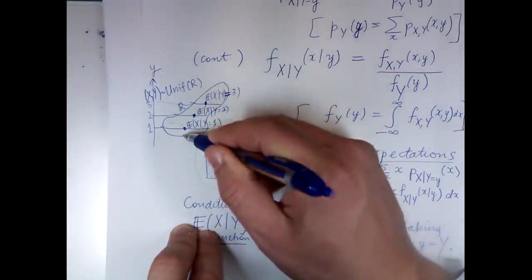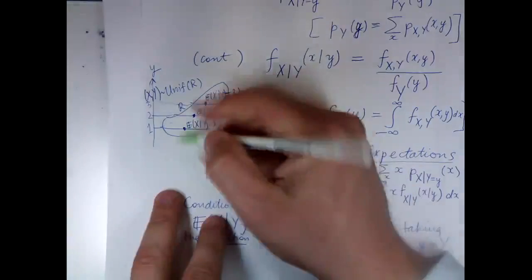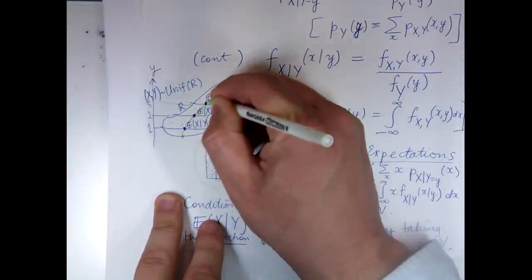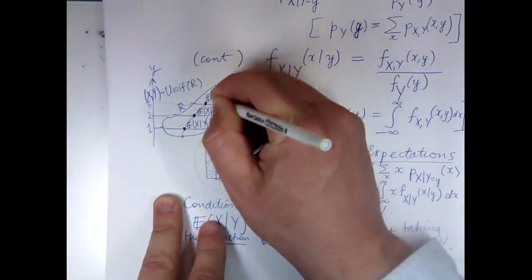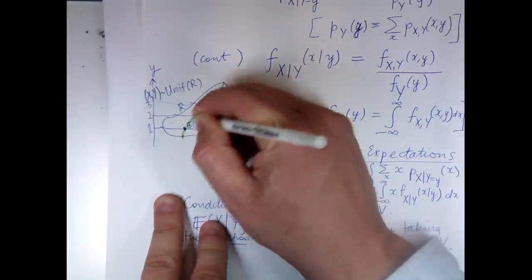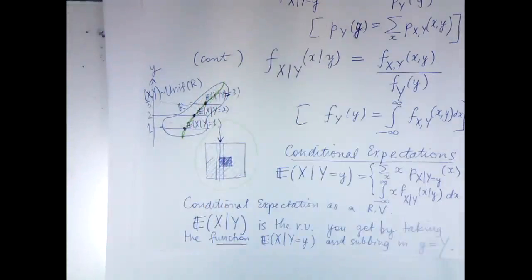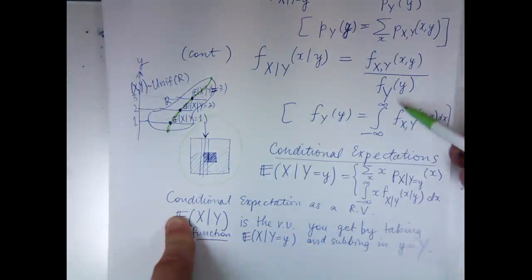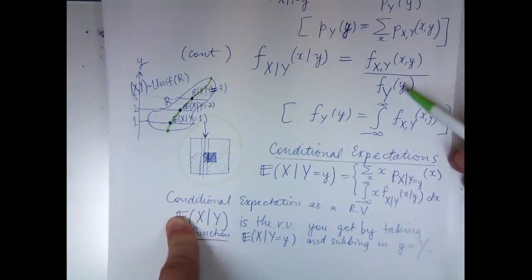If you traced out the conditional expectation function, I can take the conditional expectation of x given y as a function of y. I've drawn it there. Now note, it doesn't actually extend below the bottom or above the top. That's because you're not allowed to evaluate a conditional expectation when the marginal density is not positive.